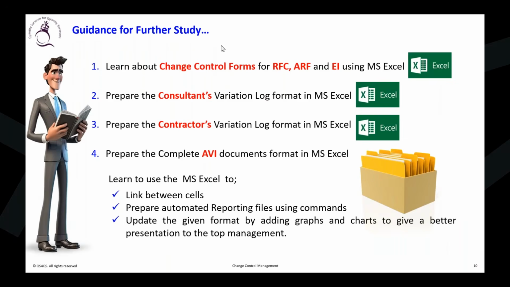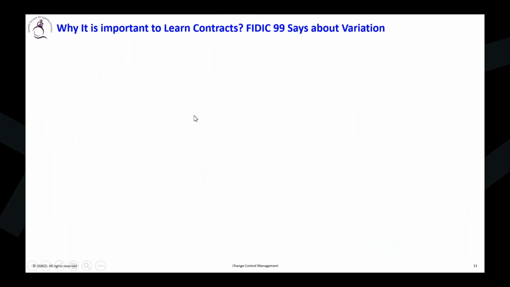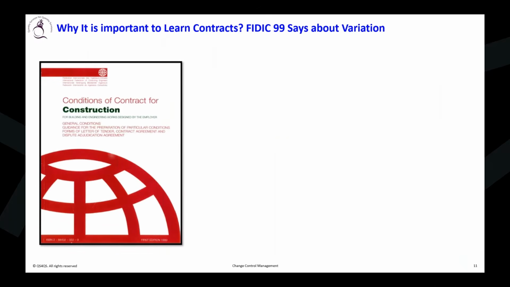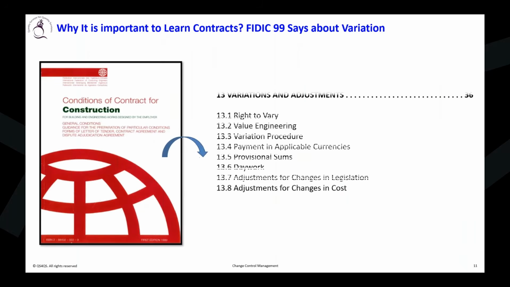Now, coming to the points, why it is important to learn the contracts. As I told you, FIDIC has only a particular subclause which is 13. But learning only subclause 13, is it going to be adequate for you to become an expert on the variations? What do you think?